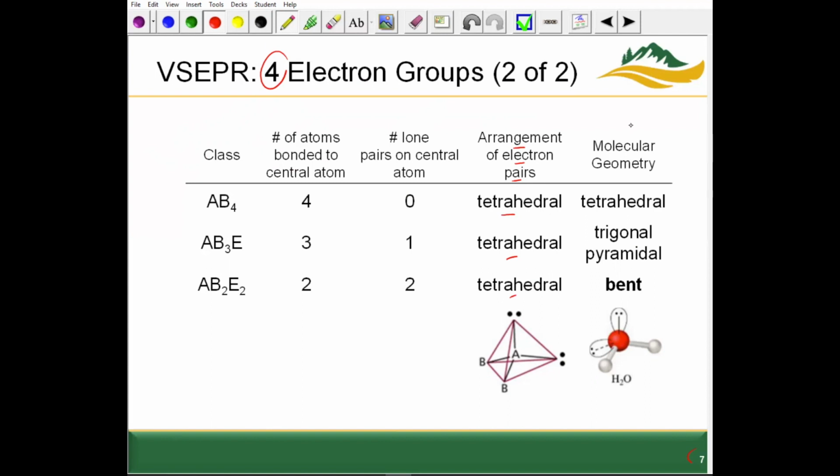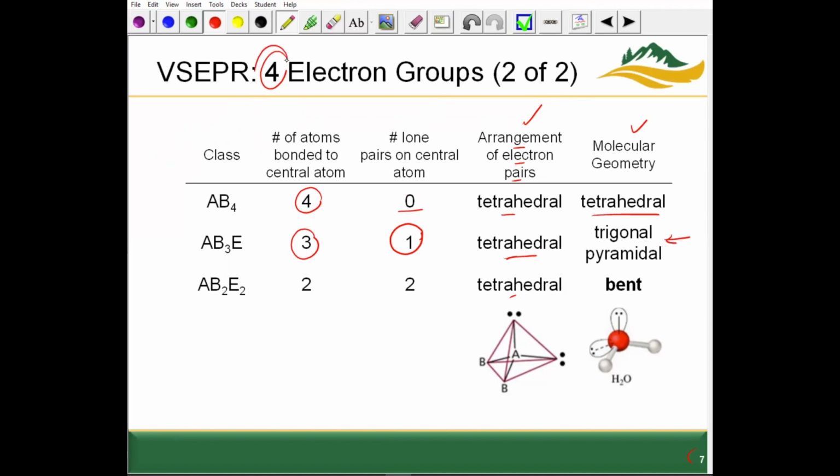But when we start to talk about the molecular geometry, 4 bonds, no lone pairs, we still call that shape or molecular geometry tetrahedral. However, now under the category still of tetrahedral arrangement of electron pairs, when we have 3 bonds and 1 lone pair of electrons, now we call this trigonal pyramidal.